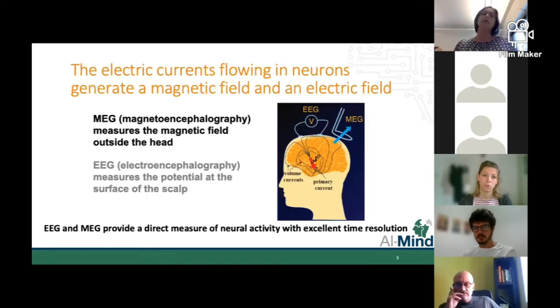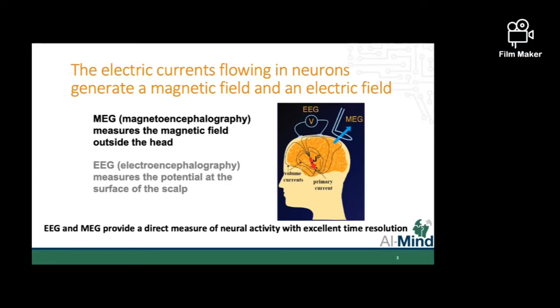Okay, so information flows in the brain as electrical signals. And electrical signals in any wire generate an electromagnetic field. And this happens also in the brain, even if the electromagnetic fields that are produced by neural activity are very weak.